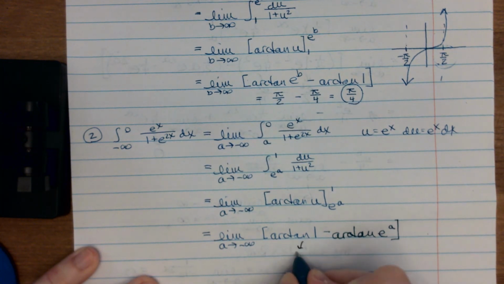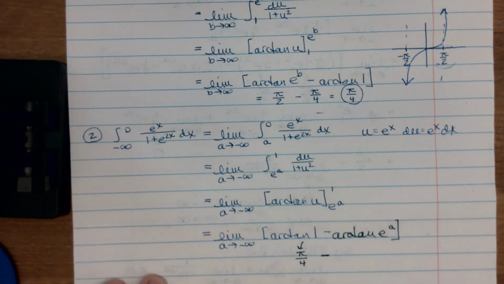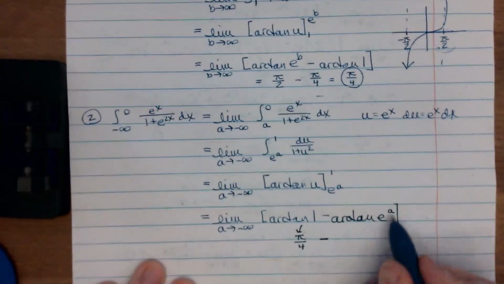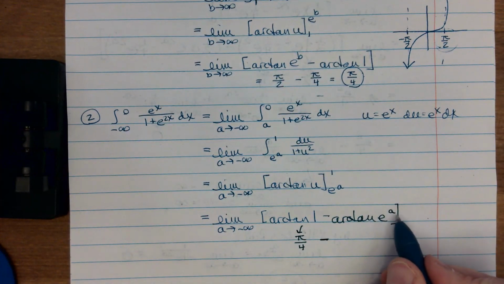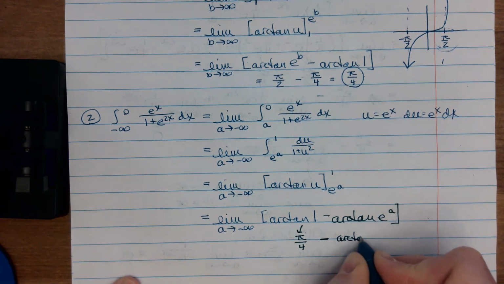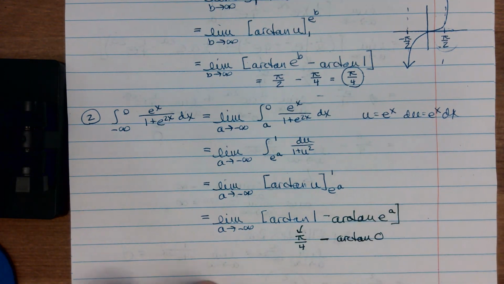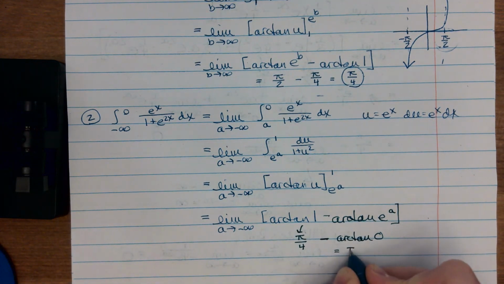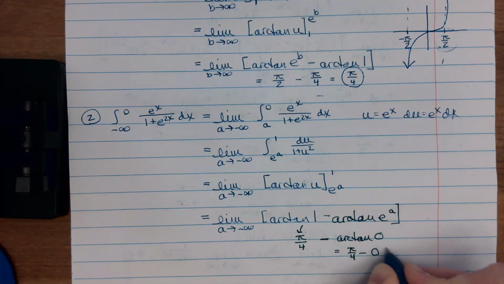Arctangent of 1, still pi over 4, minus, well, if you plug in a negative huge number, e to a negative huge number is 0. This is the arctangent of 0. And what angle has a tangent of 0? 0. So we're going to get pi over 4 from that.